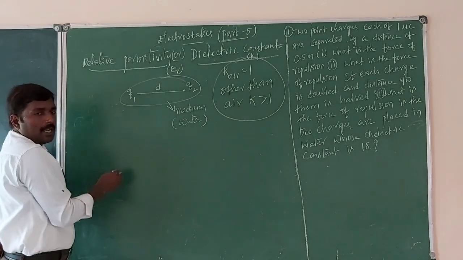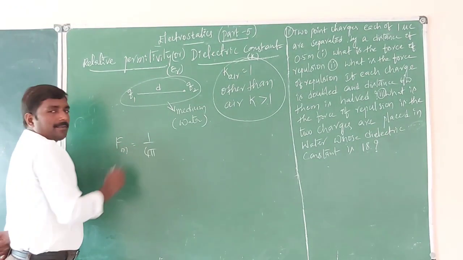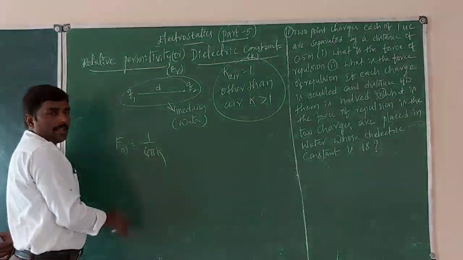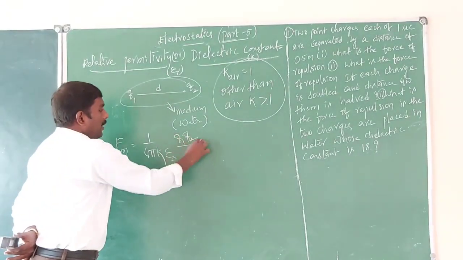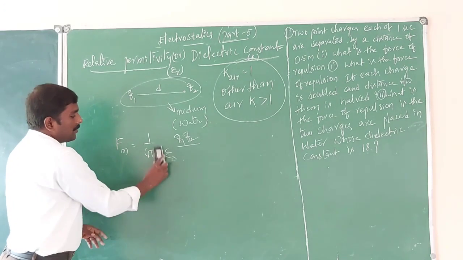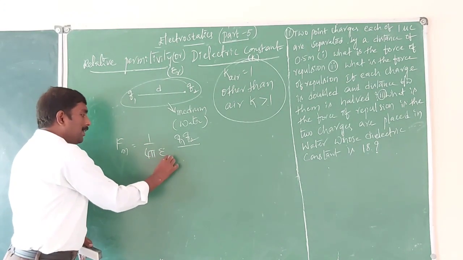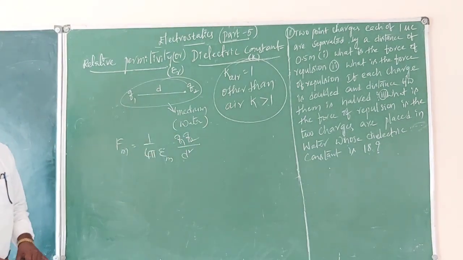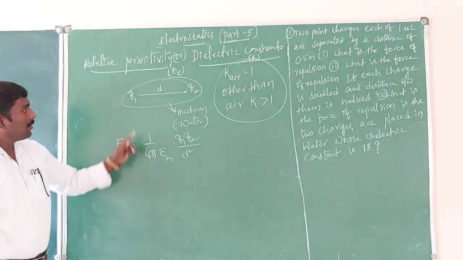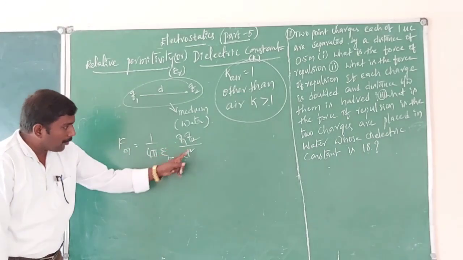Then according to Coulomb's law, F is equal to 1 by 4 pi epsilon m, Q1 Q2 by d square. This is the formula using Coulomb's law. So F is equal to 1 by 4 pi epsilon m Q1 Q2 by d square.